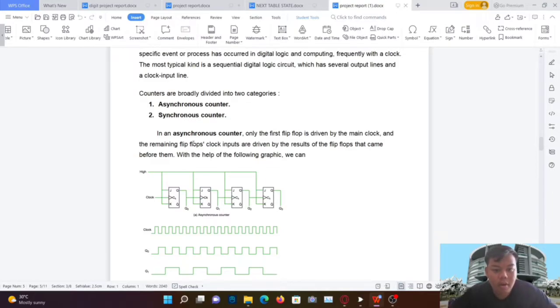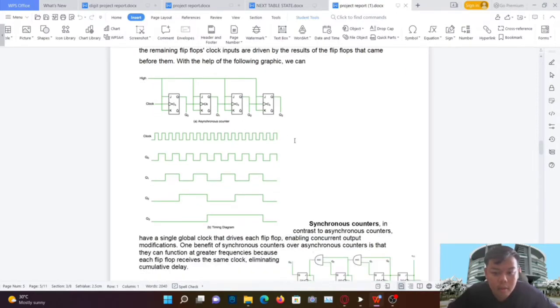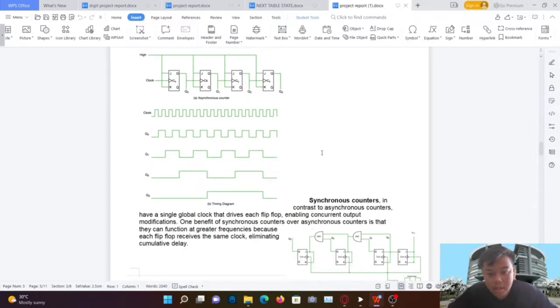Synchronous counters, in contrast to asynchronous counters, have a single global clock that drives each flip-flop, enabling concurrent output modification. One benefit of synchronous counters over asynchronous counters is that they can function at greater frequencies because each flip-flop receives the same clock, eliminating cumulative delay.